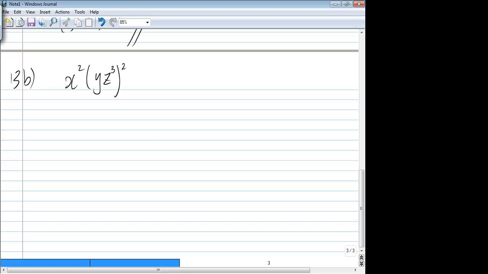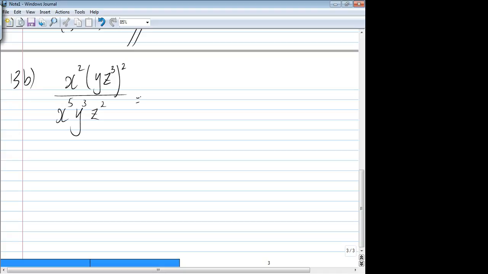We are squaring everything that is in the bracket. And what is my denominator? X power 5, y power 3, and z power 2.